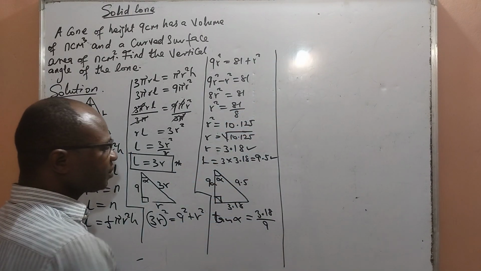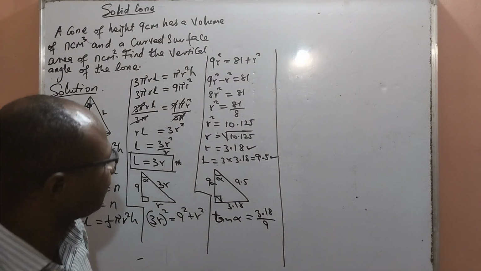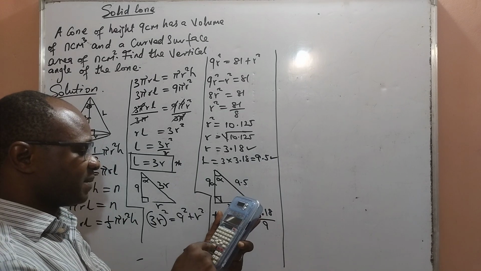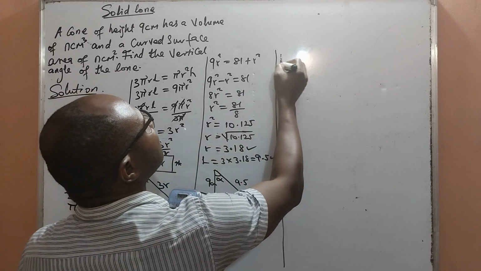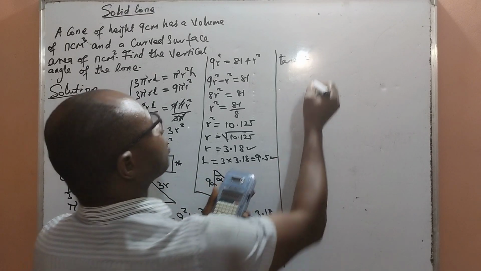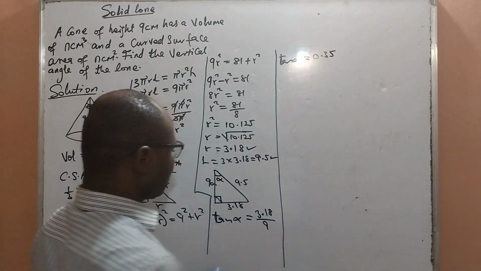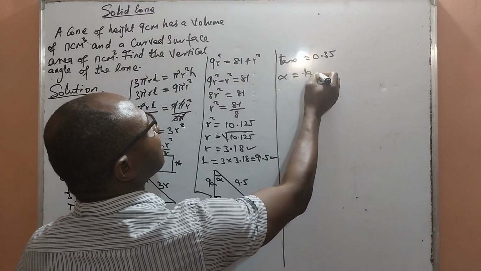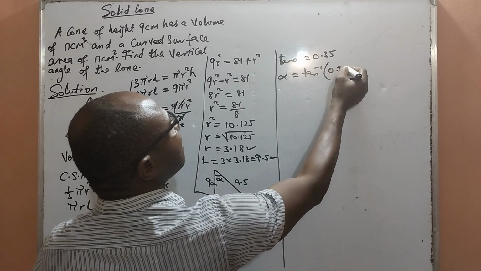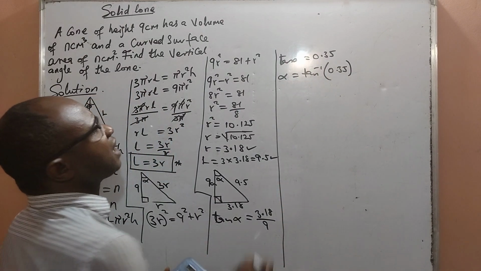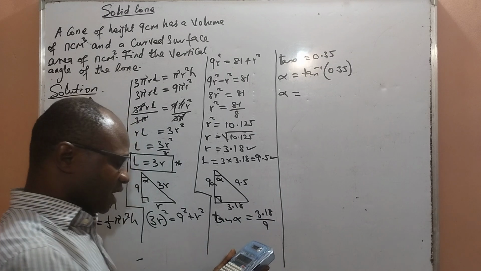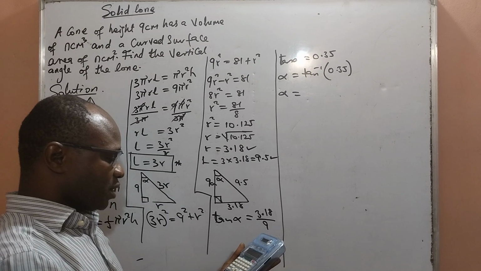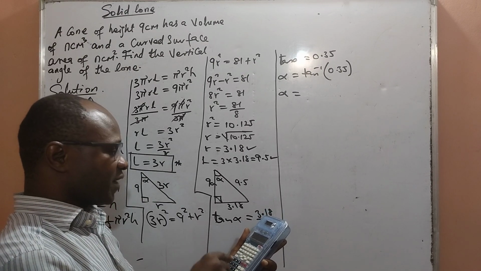Alright. At this point, I can have it divided that 3.18 divided by 9 is going to give me that the tan of alpha will be equal to 0.35, meaning that the value of alpha is going to be the tan inverse of 0.35, that is arctan, and therefore the value of alpha shall be arctan 0.35.